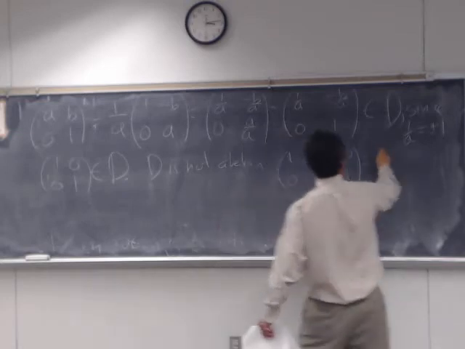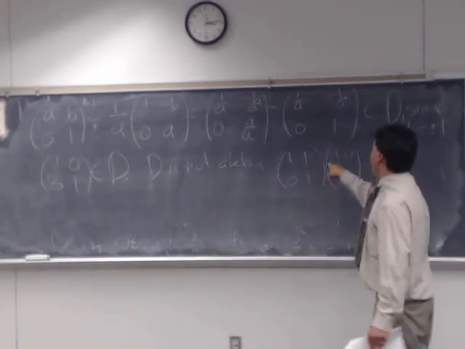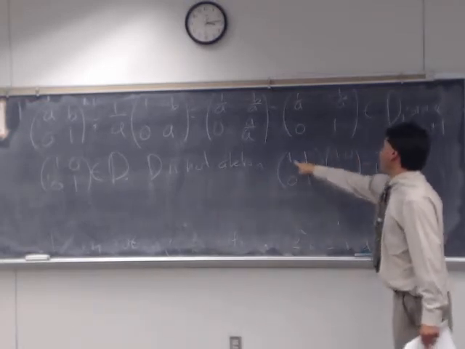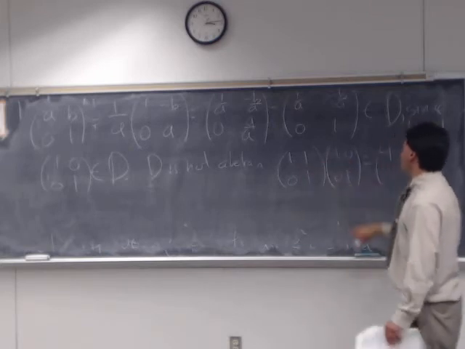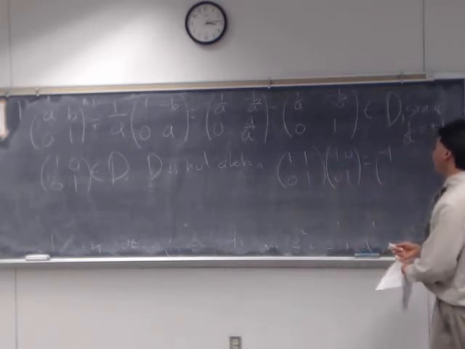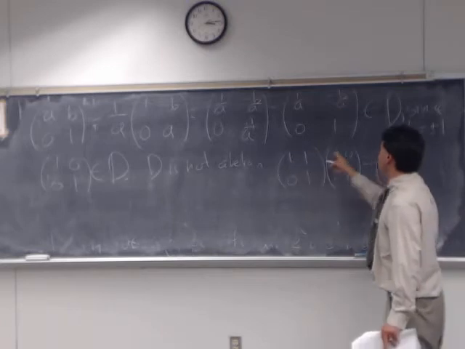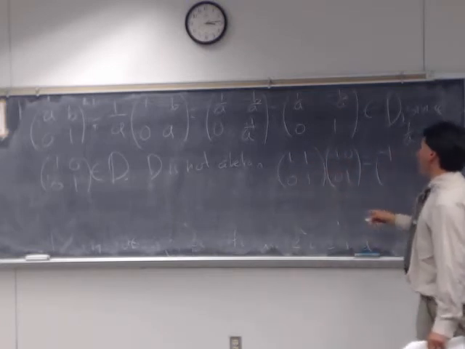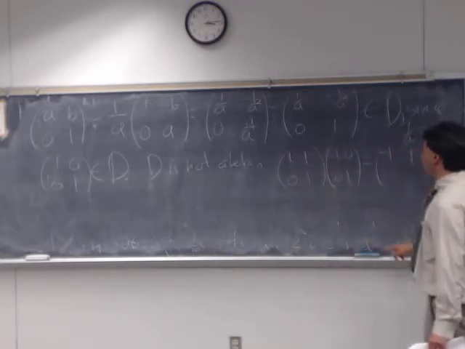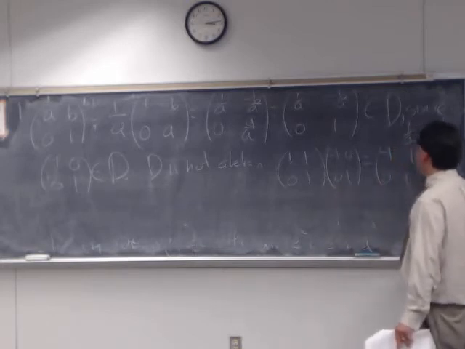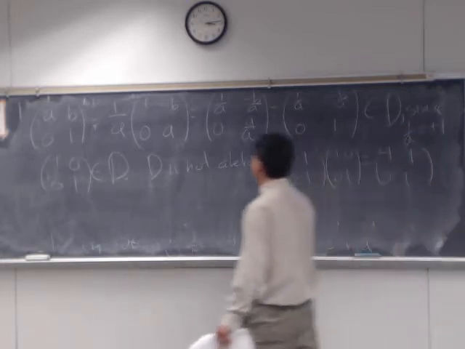So this would give us a negative 1 here: 1 times negative 1 plus 1 times 0 gives negative 1 plus 0, negative 1. 0 plus 1 would give us a 1.